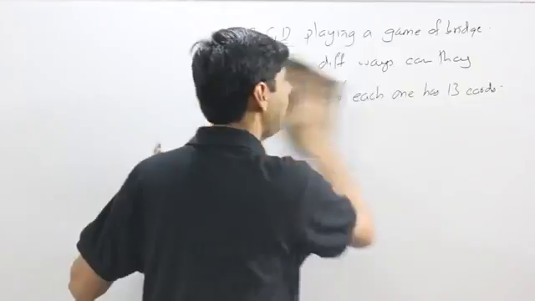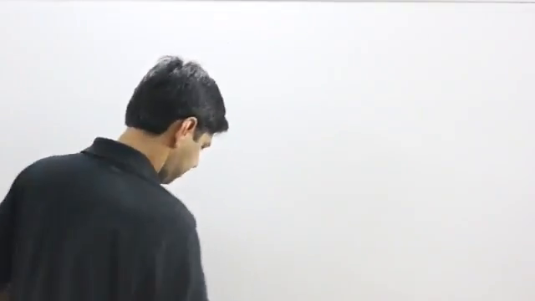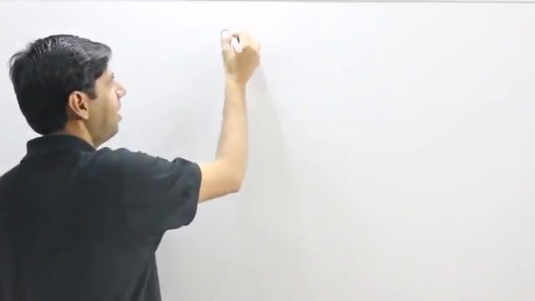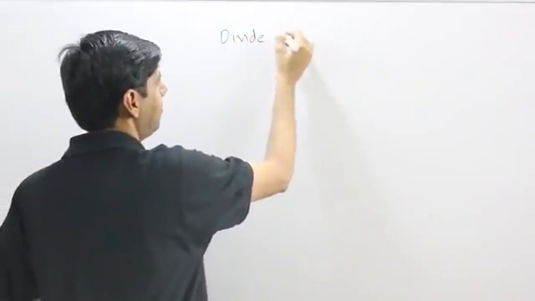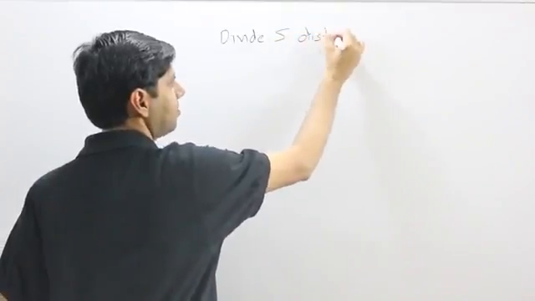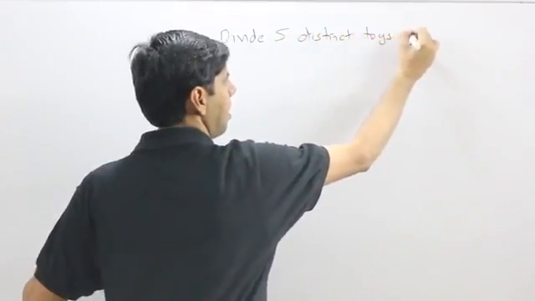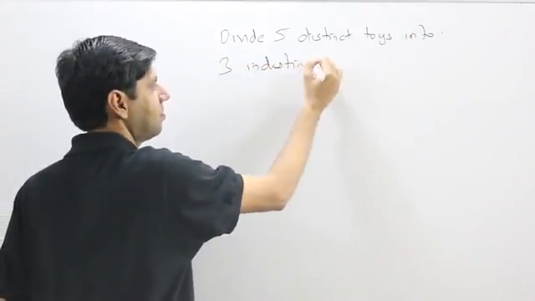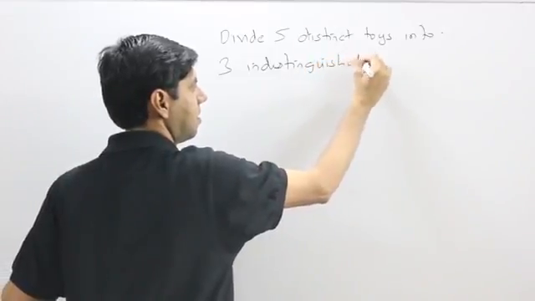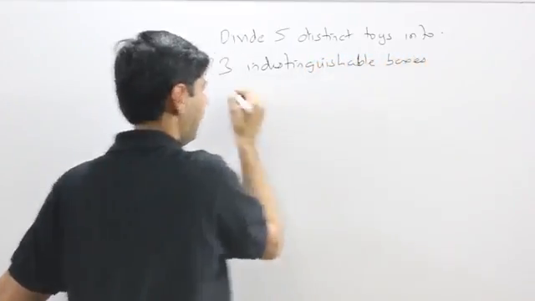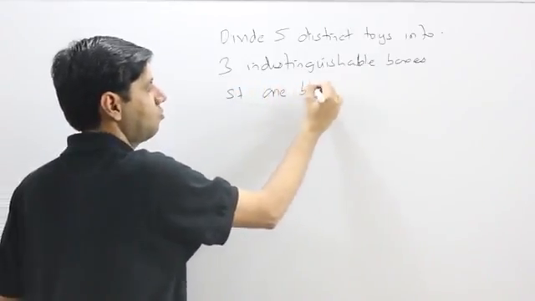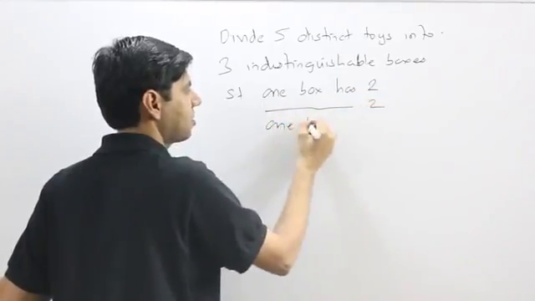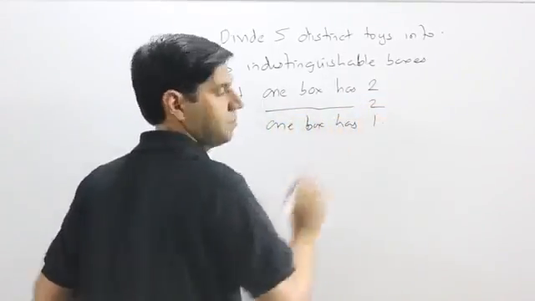However, how would the question look like if we had: divide 5 distinct toys into 3 indistinguishable boxes such that one box has 2 toys, one box has 2, and one box has 1 toy.